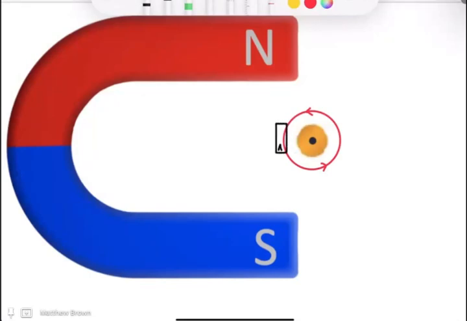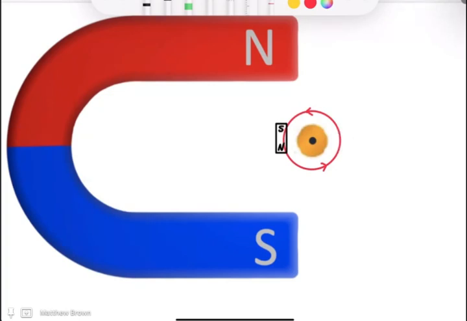So you could say that would be the north and that would be the south, if you represent this magnetic field as if there's a bar magnet there. And on the other side, if you were to draw it here, you'd draw it the other way, north, south, if you wanted to do that. But let's not worry about that one.